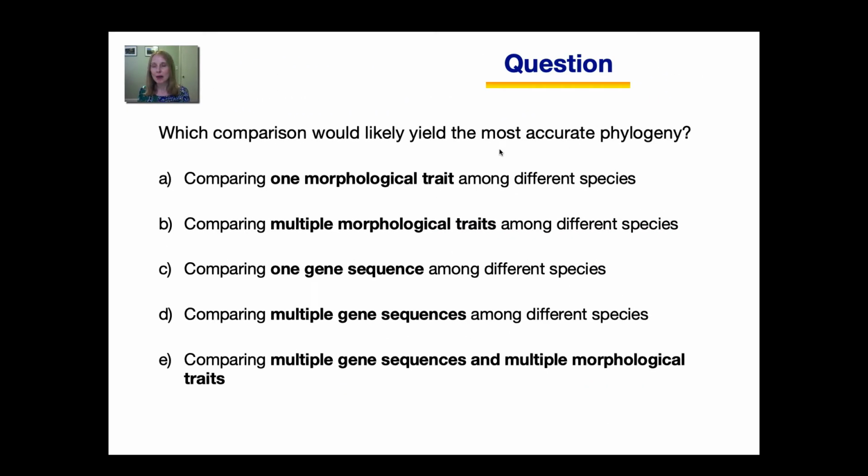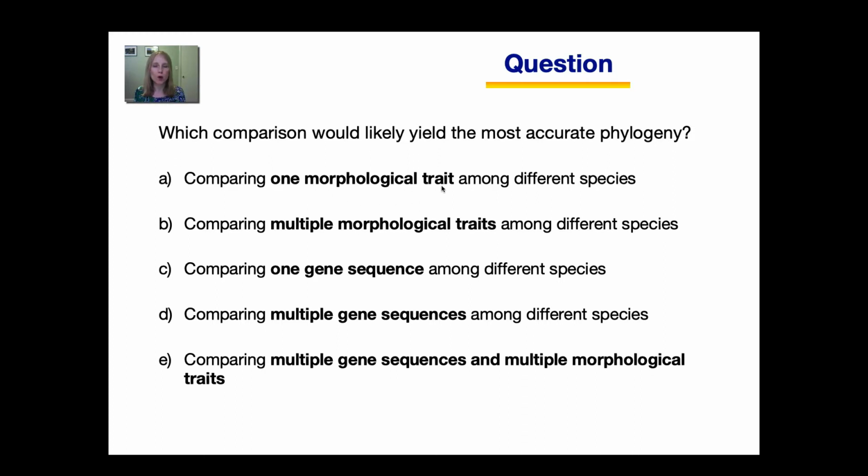So next, I'm going to ask you a question. I'd like you to write the answer down in your notes and also write down why you believe that's the correct answer. So which of these comparisons would likely yield the most accurate phylogeny?